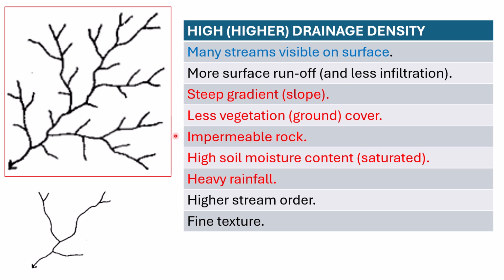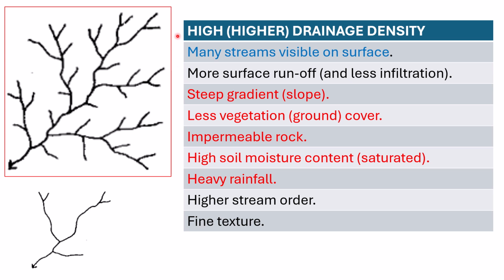When the rock is impermeable and it is difficult for water to pass through the rock, the water will stay on the Earth's surface as runoff. When the soil is already saturated and filled with water, it's going to be difficult for additional water to soak into the earth, and heavy rainfall does not allow for water to soak in because the water builds up very quickly and it remains at the Earth's surface.